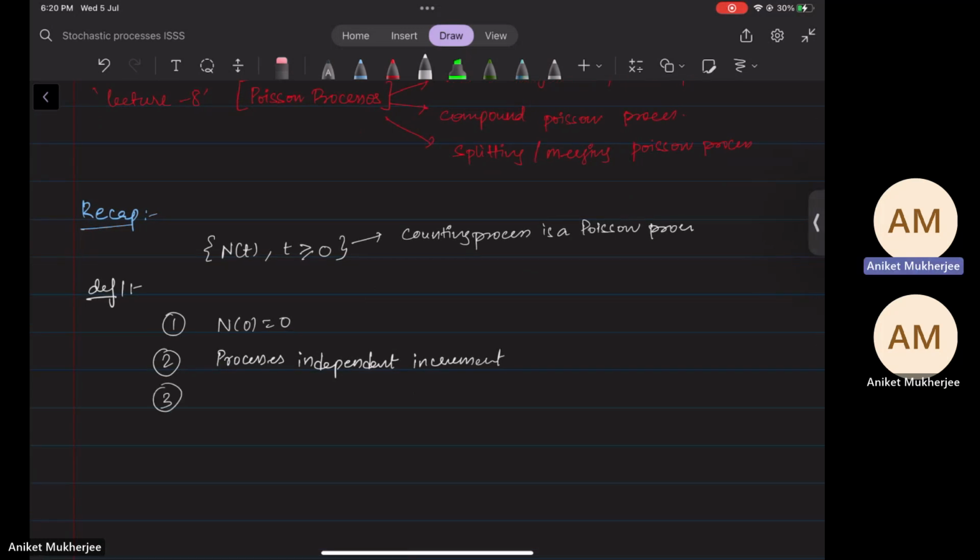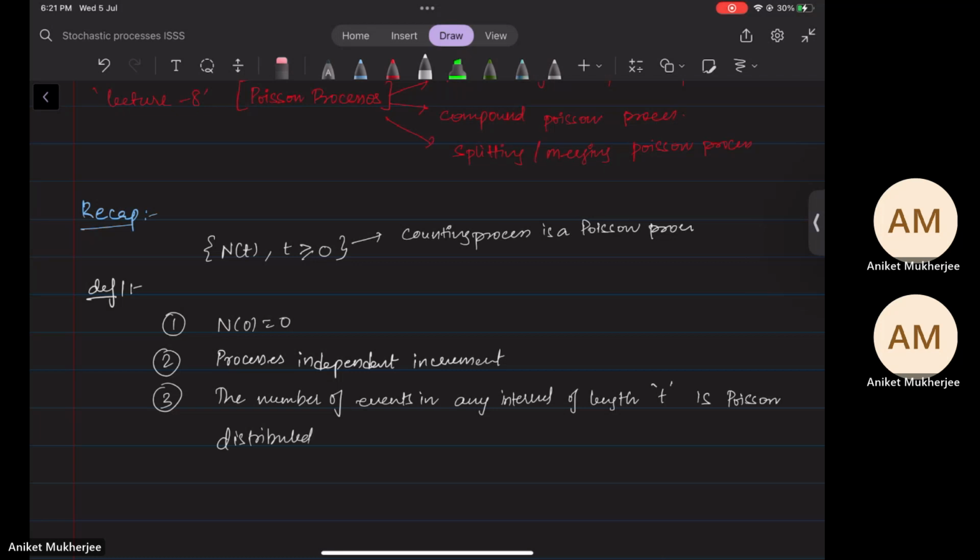The third one is the number of events in any interval of length t is Poisson distributed with parameter lambda t.